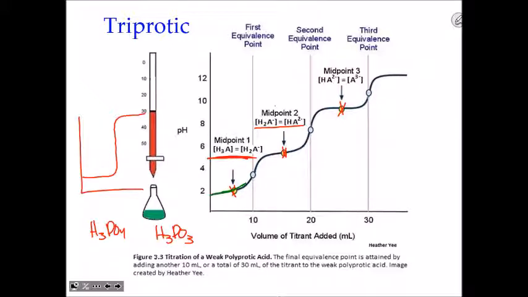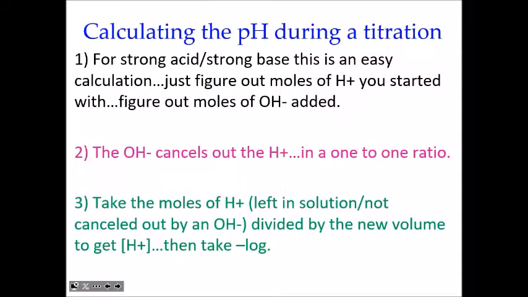And yes, there should be an inflection that goes up, but it might not be as dramatic and steep as you would see in a strong-strong combination. But that buffer region is going to have a little more of a slope as opposed to a flat line.